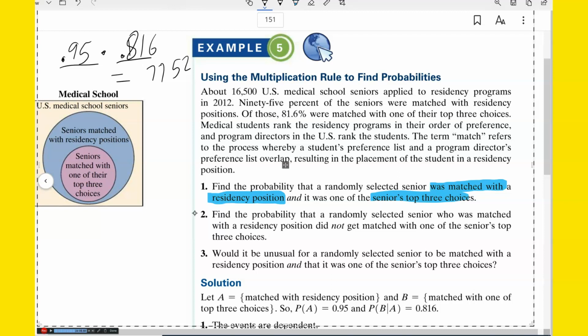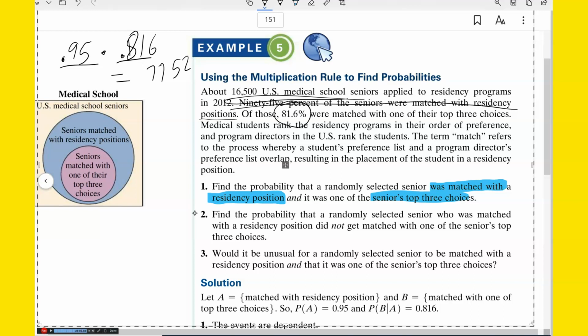So we're saying given that they were matched with a position, that they were not one of the top 3 choices. So this is simply the complement of that. Because we're already given that they're matched, we're already given this part. So we're not worried about that. That's already happened.